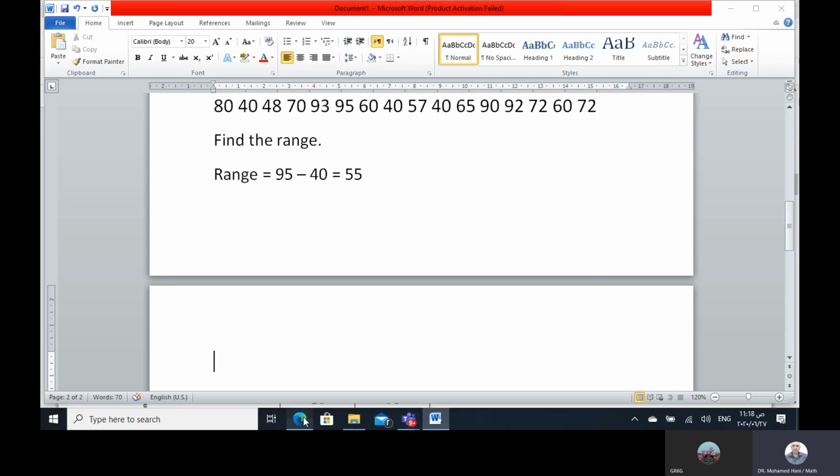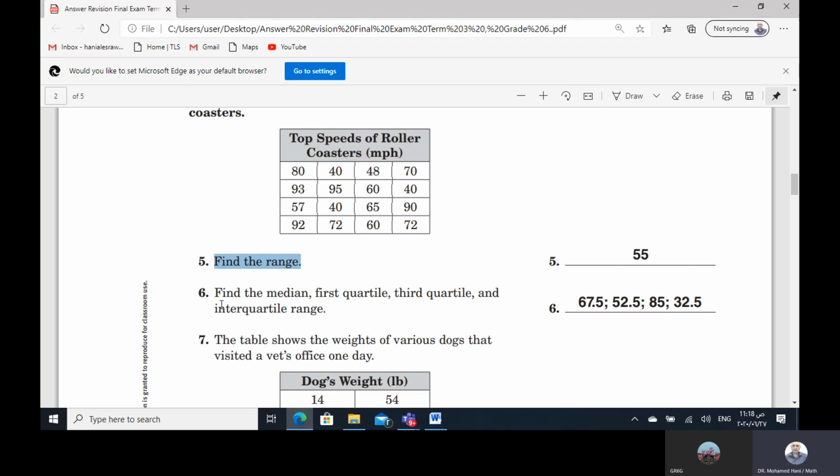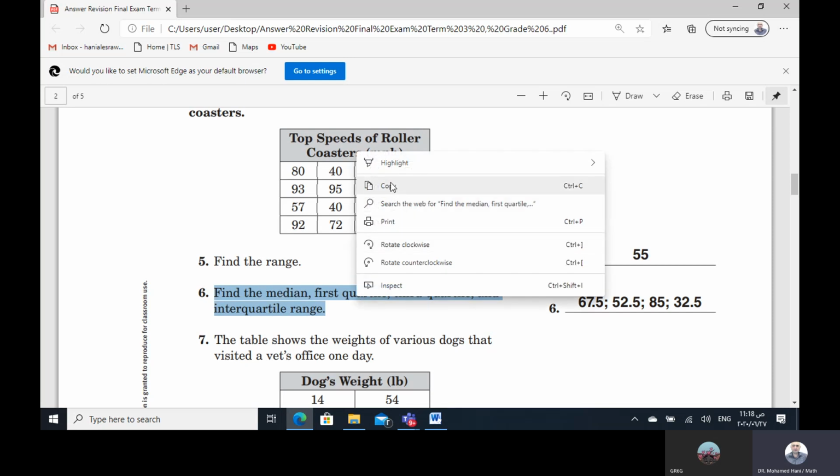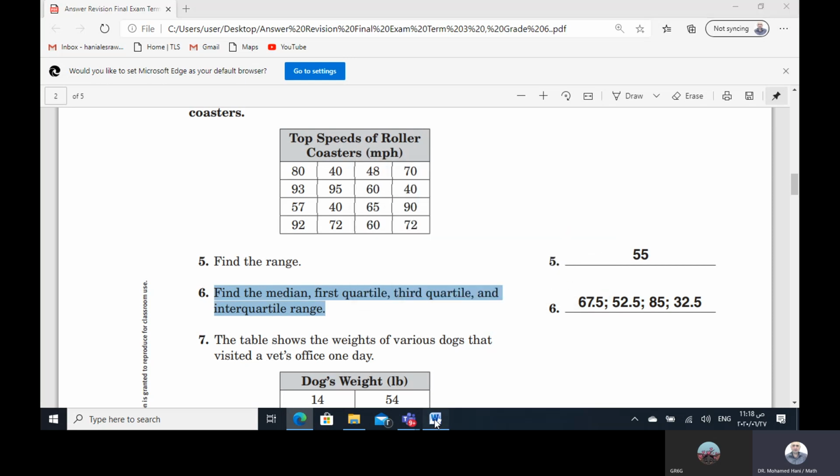Now the second question here, find the median and the first quartile and the third quartile and the interquartile range.